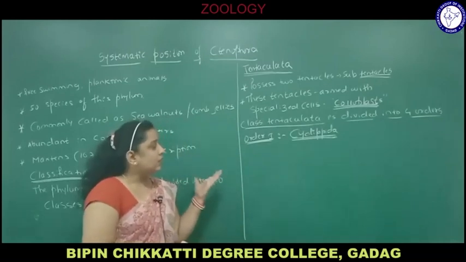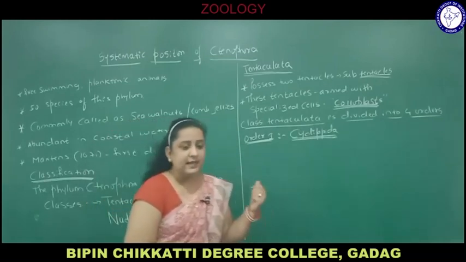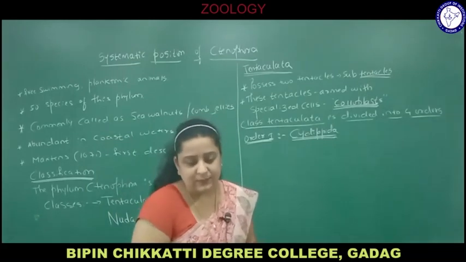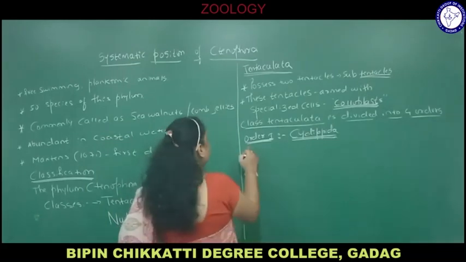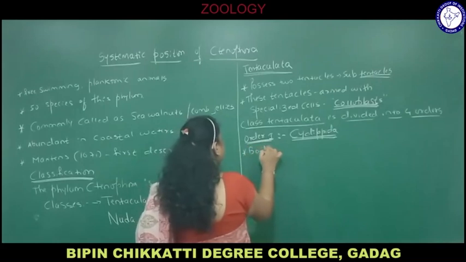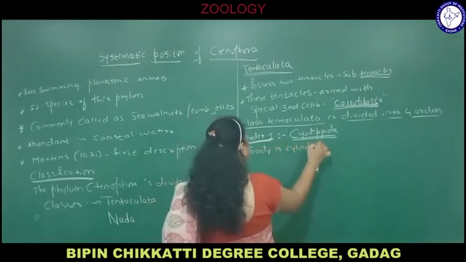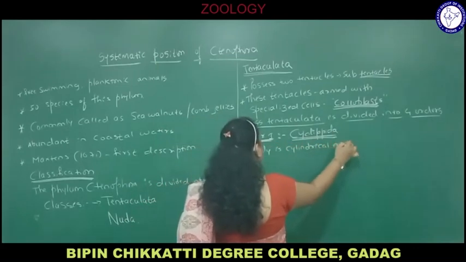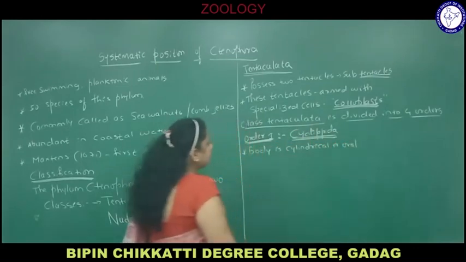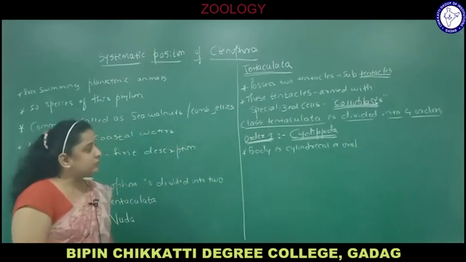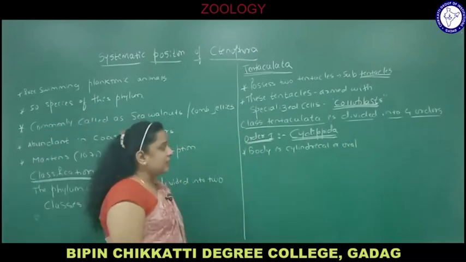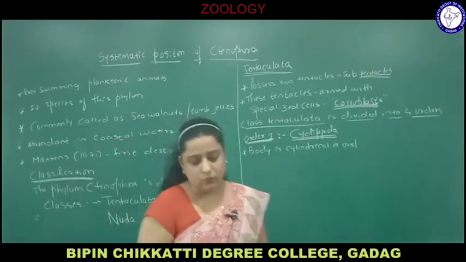So here order 1 is Cydipida. What are the characteristics here? The body is cylindrical or oval. It means the animals belonging to order Cydipida have a cylindrical or oval body.